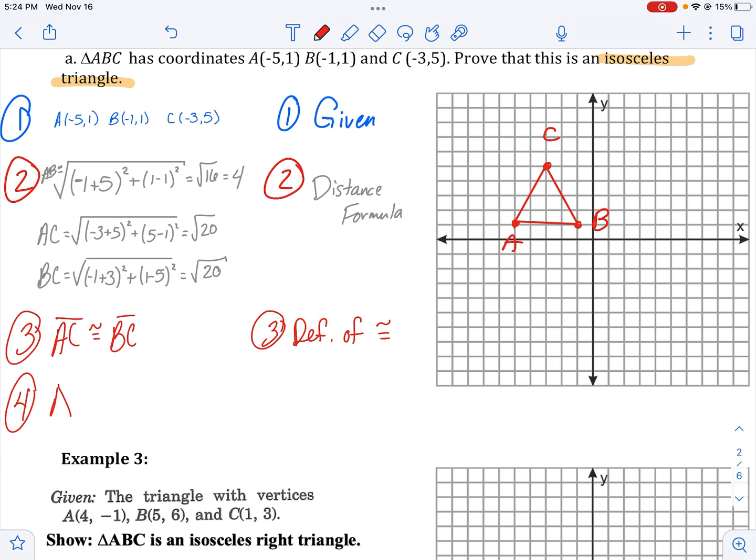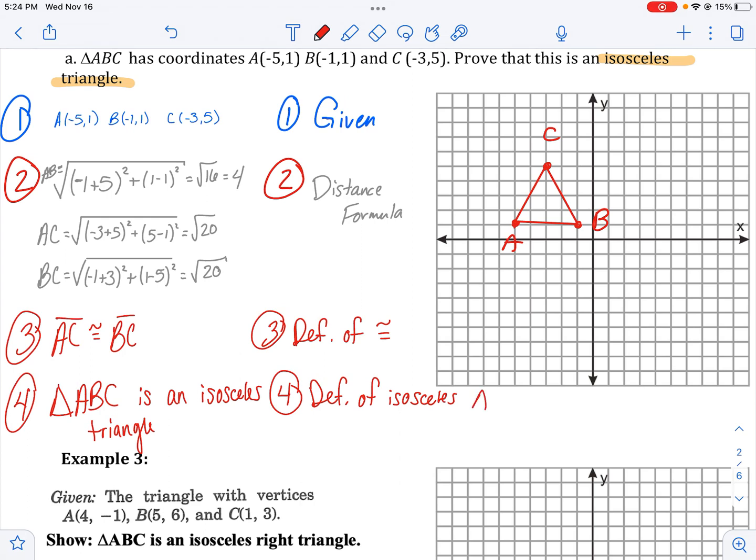And then if those are congruent, then I know that triangle ABC is an isosceles triangle, because by the definition of an isosceles triangle, if I have two congruent sides, I must have an isosceles triangle.